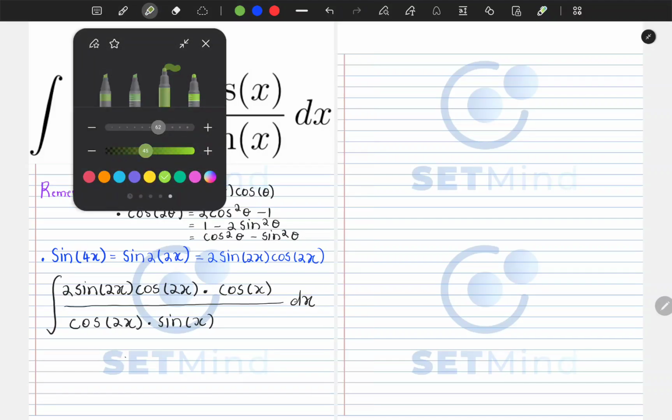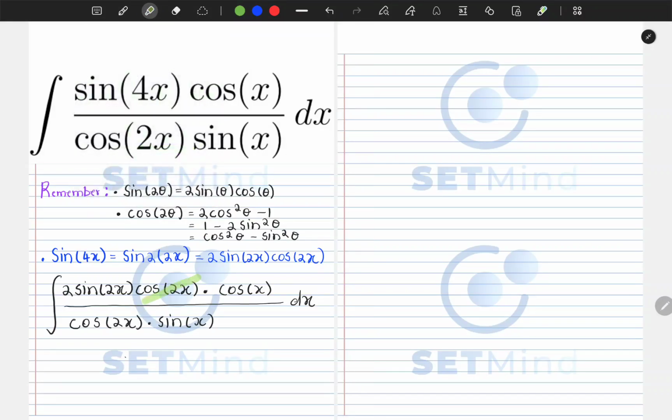And if you observe carefully, there are terms which are going to cancel. So this cos 2x and cos 2x cancel, which means what we have left is just the integral of 2 sine of 2x cos of x divided by sine of x dx.